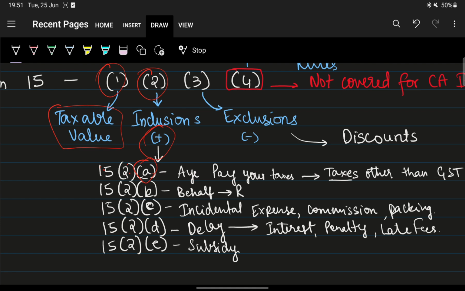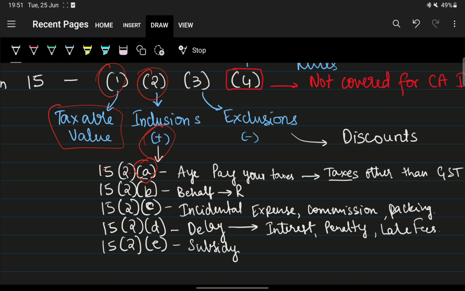Now what is clause B? Clause B talks about behalf. B says behalf. Meaning when any amount is paid or payable by the recipient on behalf of the supplier to a third party, then that amount is to be included in the value of supply. Next, section 15 subsection 2, clause C. What do you see? You see an incident, right?